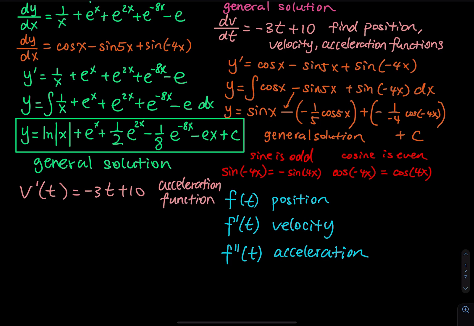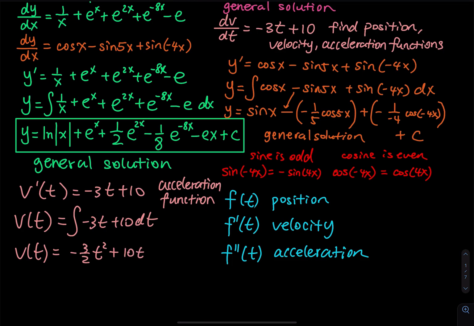And then how do you go from acceleration to velocity? From velocity to acceleration, you take the derivative. From acceleration back to velocity, you will have to do an integration, or antiderivative. So v of t equals the integral of negative 3t plus 10 dt, and that equals negative 3 over 2 t squared plus 10t plus c.